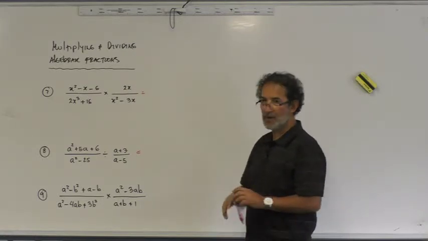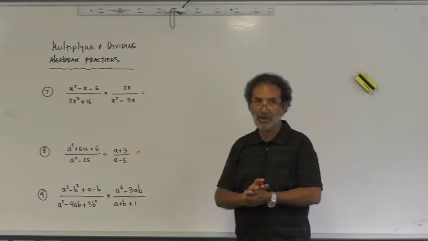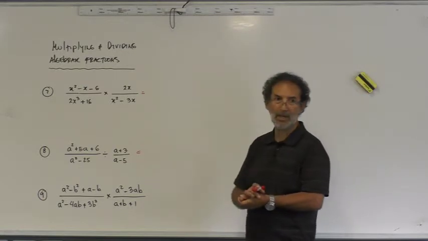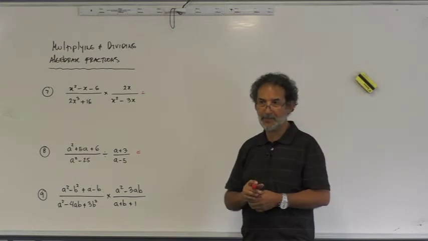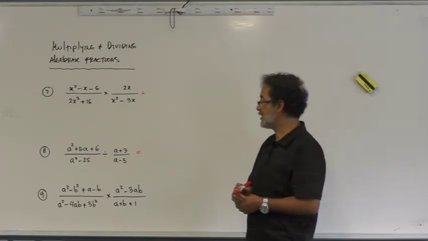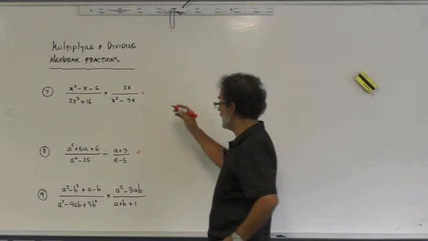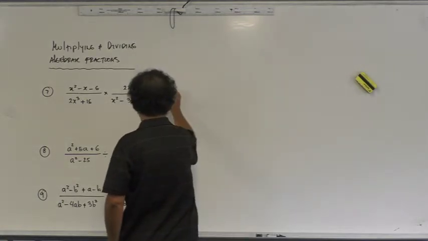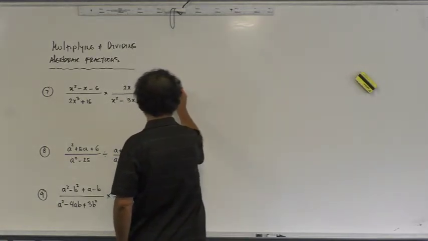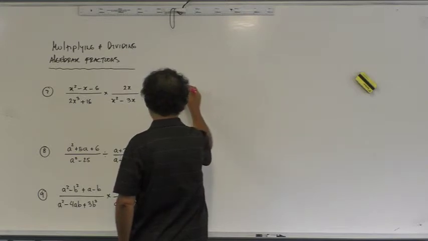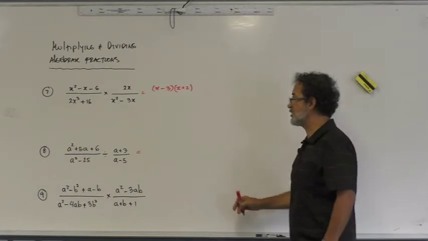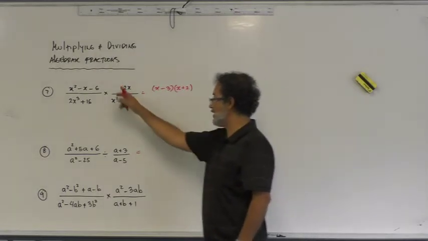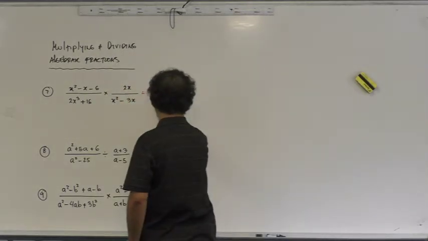So that means that we need to find two numbers that when you times them together equal -6, but when you plus them together equal -1. What are those numbers? -3 and +2. So x minus 3 and x plus 2. That is the factorization of the numerator for the first fraction, and then we're going to divide that by.